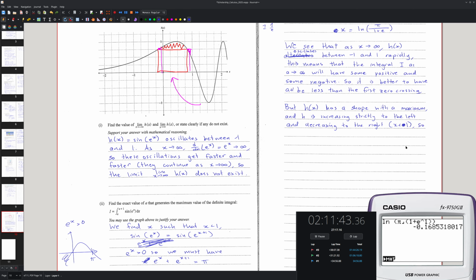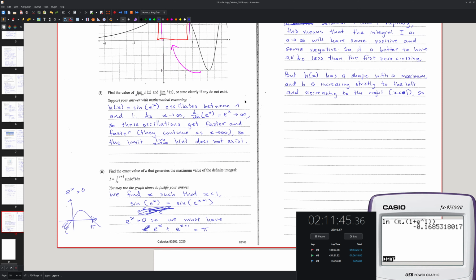So we should have this maximum in our graph. So in our integral, a should be about 0.